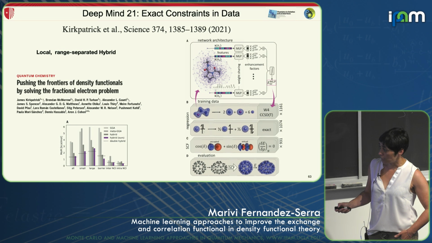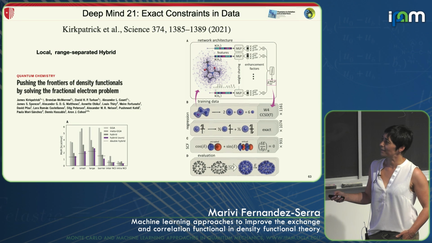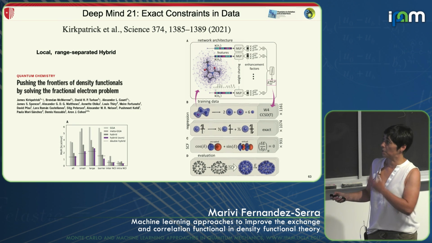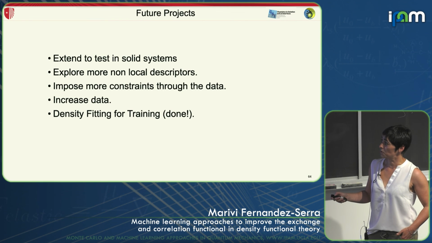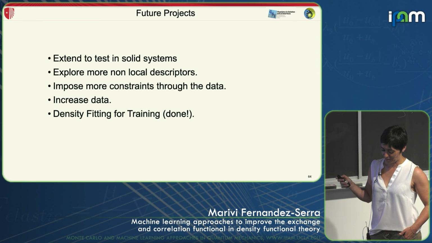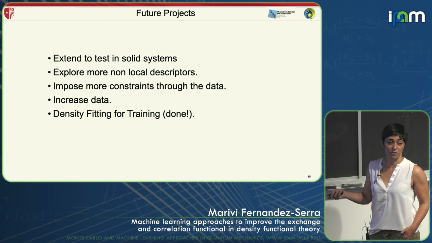It improves very much over hybrids. Of course, it's an expensive functional. It's a range-separated hybrid. I think it's not there yet, in that the errors are still relatively large. We've been using it. It's expensive, but it actually provides a very nice set to continue optimizing the methods. I will say that we need to extend to testing solid systems. You probably can ask, how does it perform for solids?